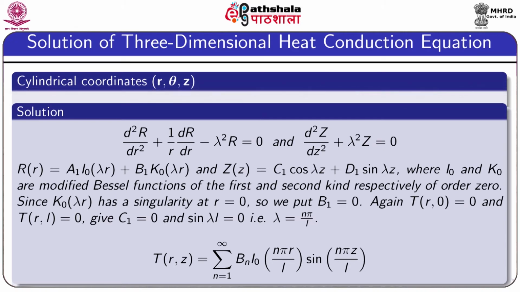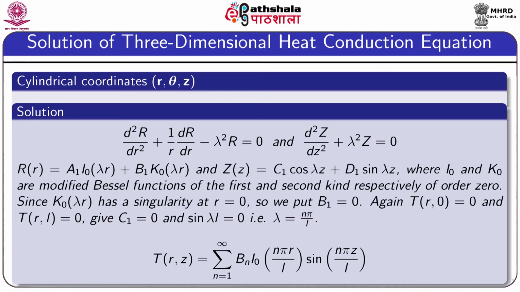Its solution is written here, capital R equals A1 I0 lambda r plus B1 K0 lambda r, where I0 and K0 are modified Bessel functions of first and second kind respectively, and you can observe that the order of the function is 0.